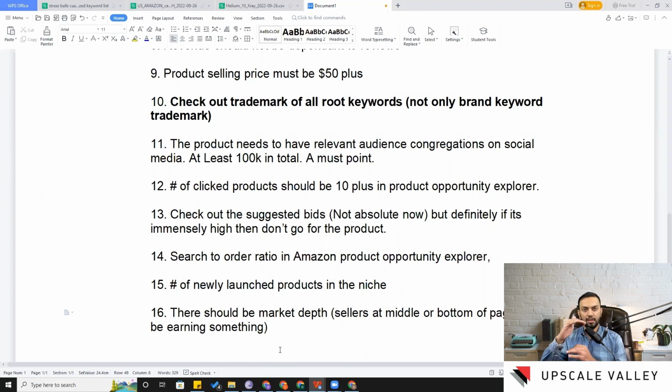When you go to the middle or the bottom of the page, things are not that competitive, so you can survive with very little cost. So if we have depth there and people do buy from the middle or bottom of the page, that's a plus point and will help you survive in crucial times. That's an additional thing, not absolute, but it definitely helps if you evaluate this in your product evaluation.